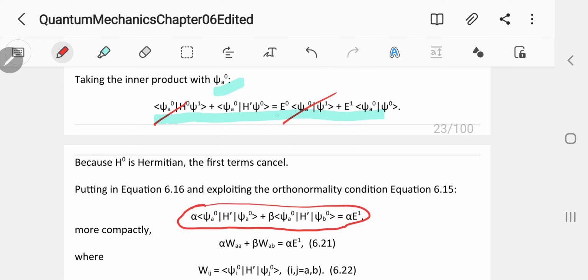Here you have separated phi 0 as equal to alpha phi A0 plus beta phi B0, so that they appear here.